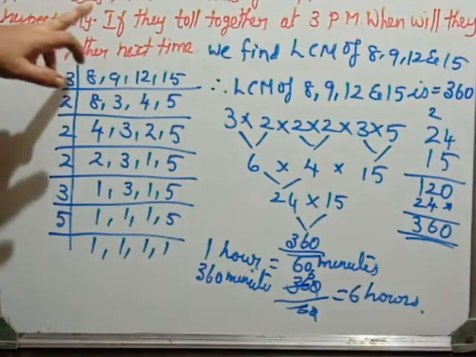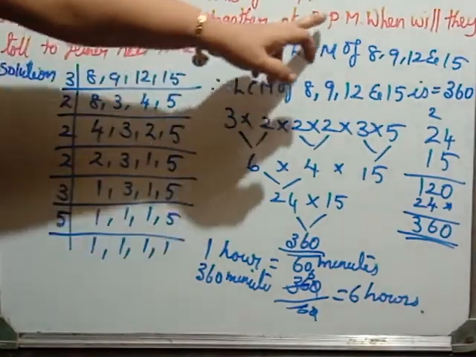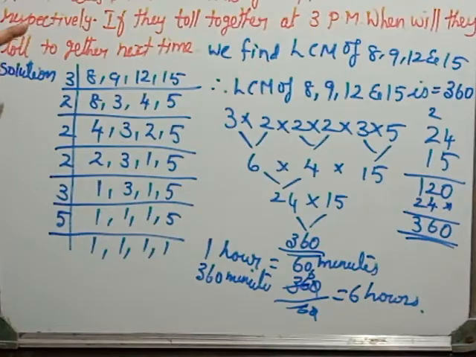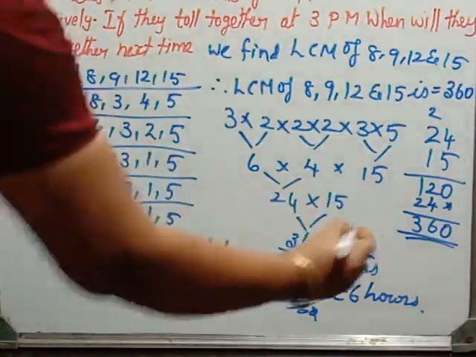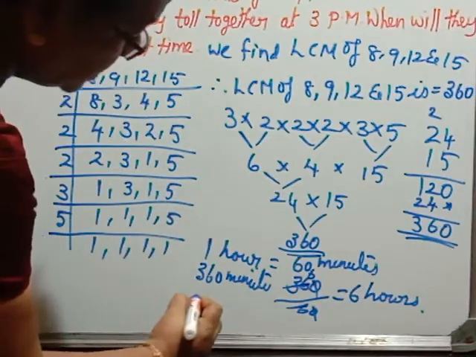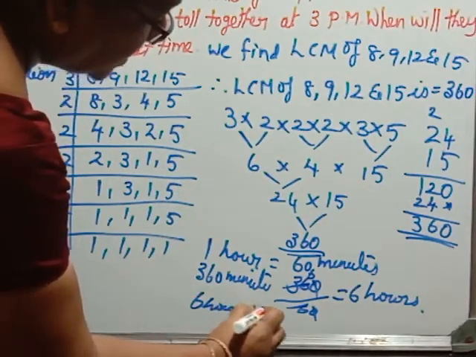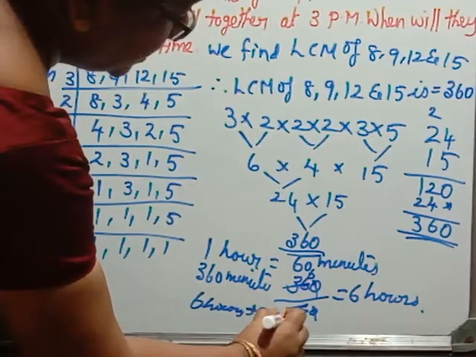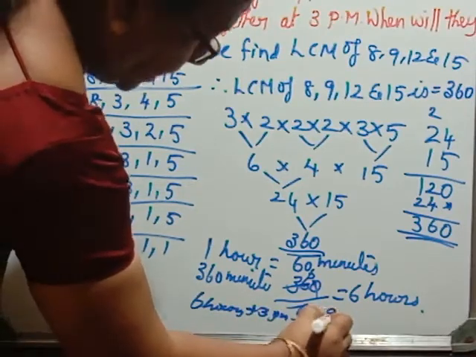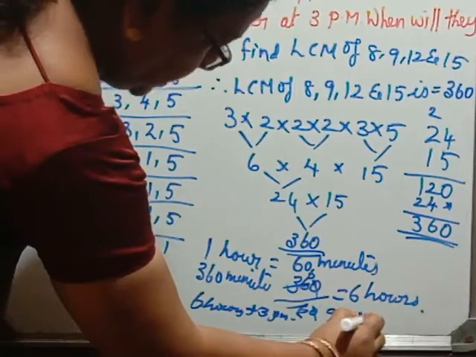What they are asking: if they toll together at 3 p.m., when will they toll together next time? Now, after 6 hours, that means 6 hours plus 3 o'clock, 3 p.m. Isn't it? So 6 plus 3, what time will you get? 9 p.m.